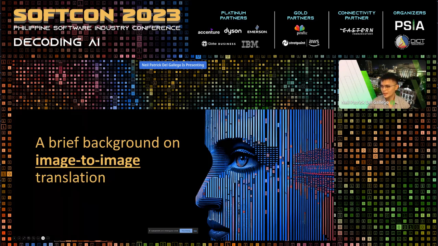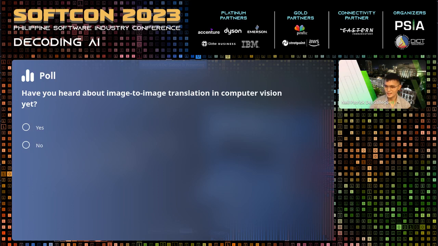So I have a poll here. I just want to get an idea sa audience if aware ba sila sa concept ng image-to-image translation. So you may vote, maybe 30 seconds, and then from that, I'll adjust my talk kung yung iba hindi pa naririnig yun. Okay?